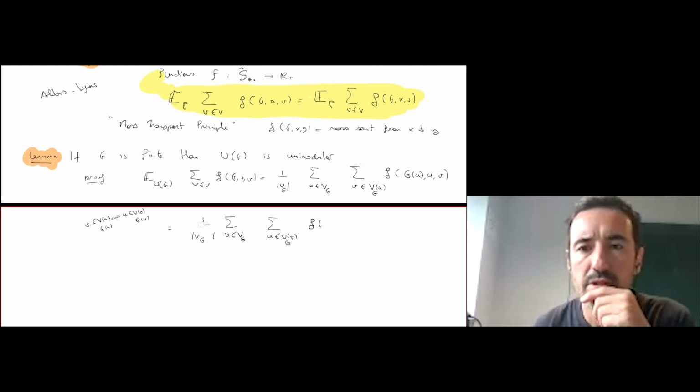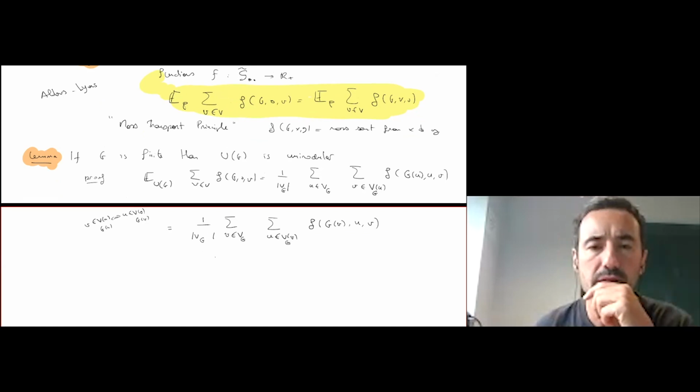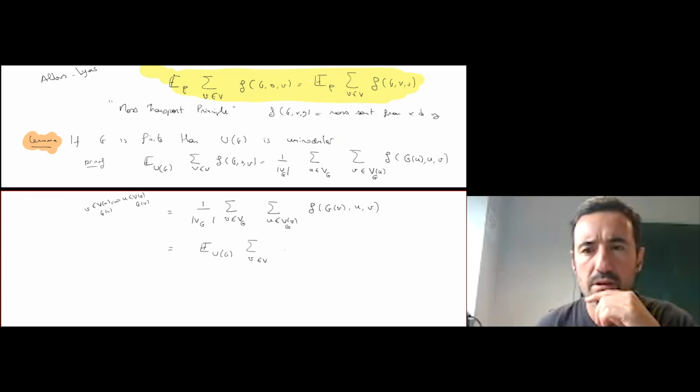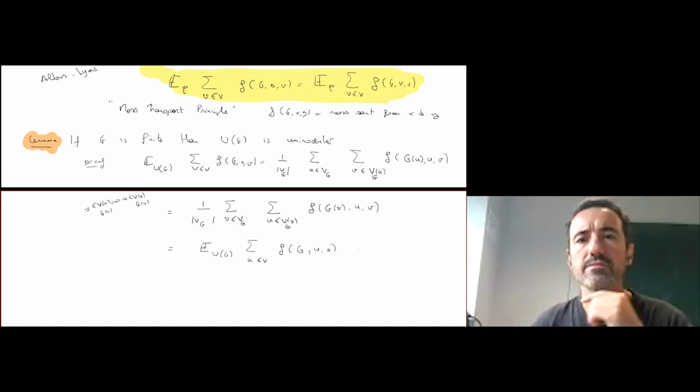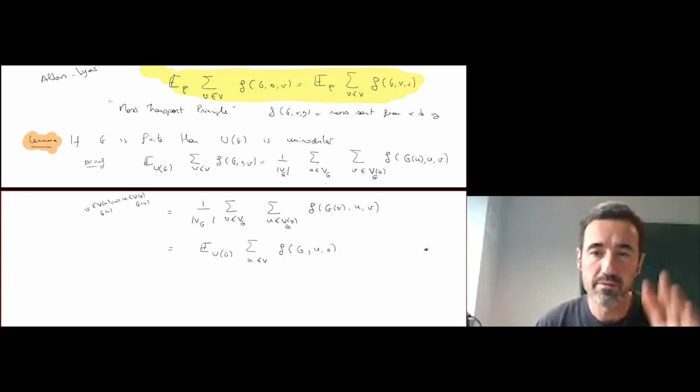If U is in the connected component of V, then G of U is equal to G of V. So I can put a V here, and here there is U and V. And this is precisely the expectation with respect to U of G of the sum over all V in V of F of the sum over all U in V of F of G, U. So I've simply switched the sums, which is fine since it is finite.